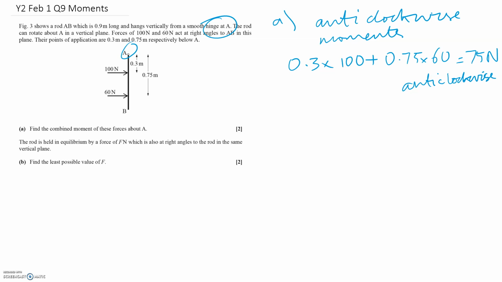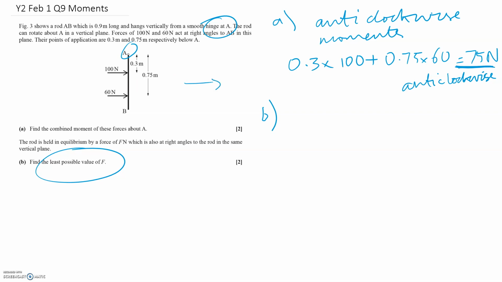And then part B, it says the least value of F to hold the rod in place. So we've got this anti-clockwise moment trying to push the rod in this direction.